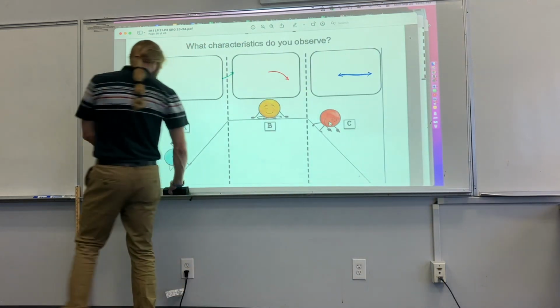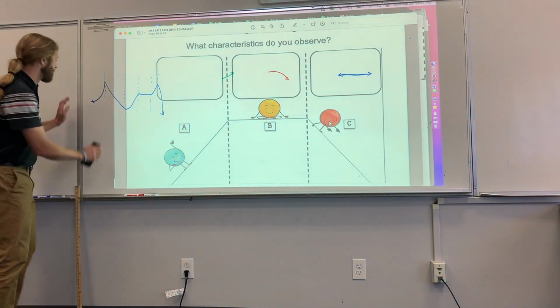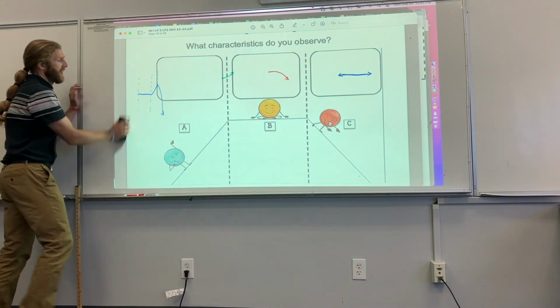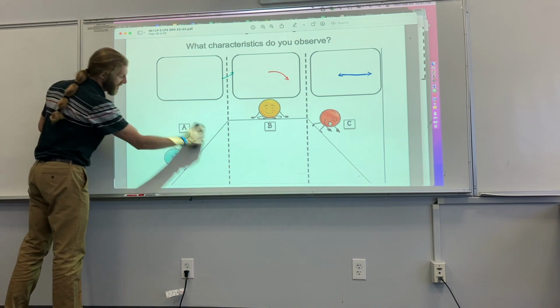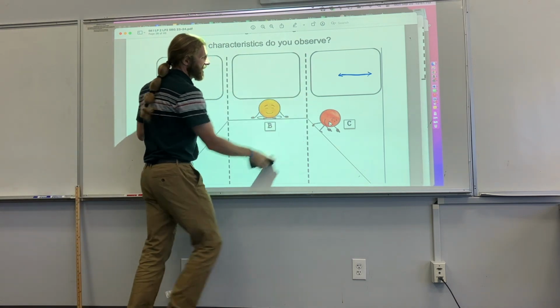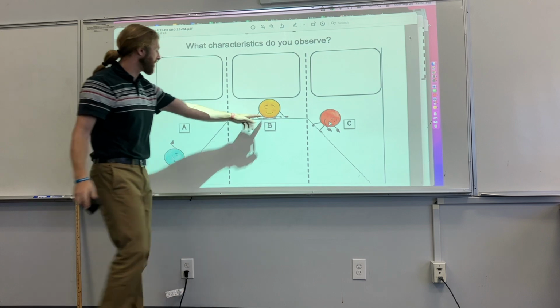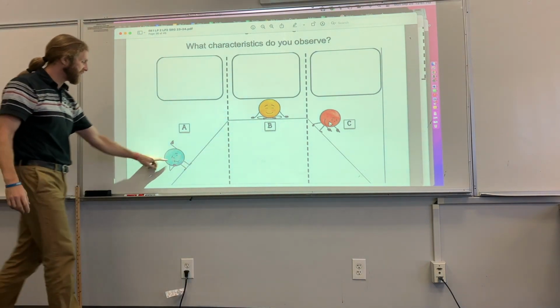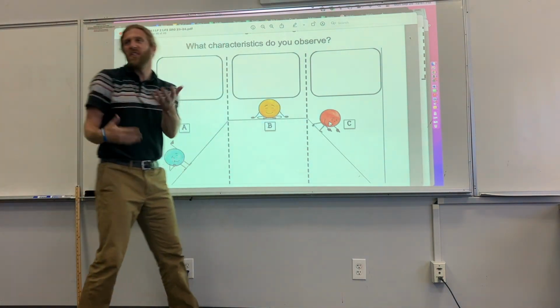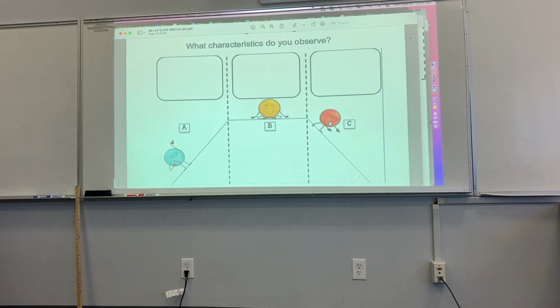So I got blue in A. I have my center guy in gold, and then I got my red guy. Now they're all actually pretty happy looking people. They all got a smile. So it doesn't matter for them if their function is increasing or decreasing or staying the same.